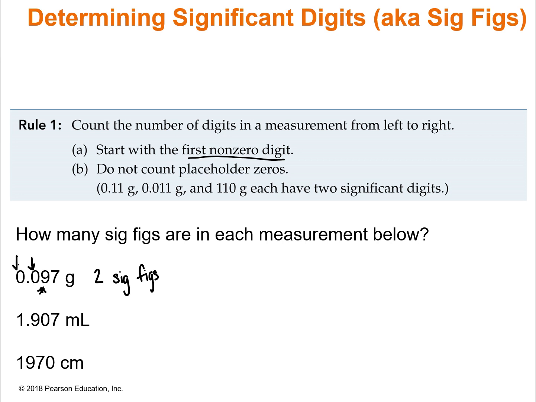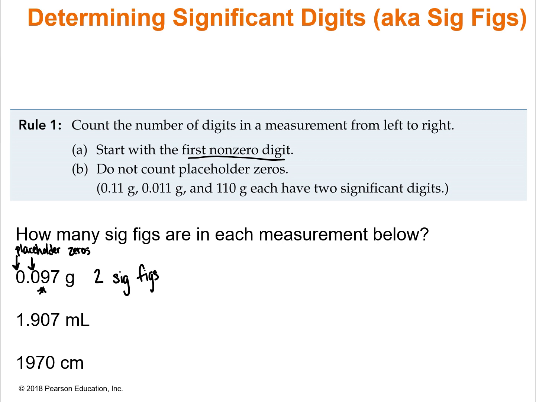These zeros in front of the 9 are placeholder zeros. If I took away those zeros, I'd have a different number. But I'm not measuring those zeros. I'm just using them to show you that I mean 0.097, not 0.97. Those are 2 different numbers.